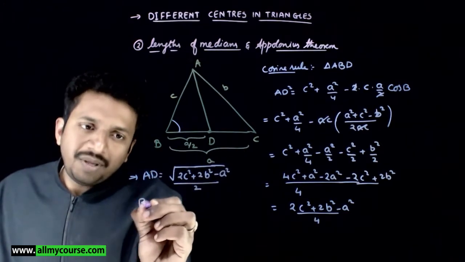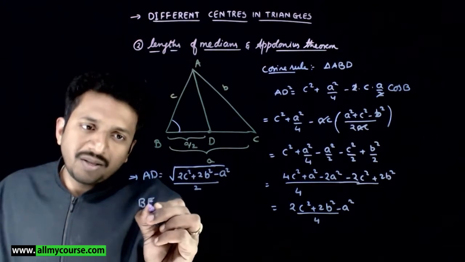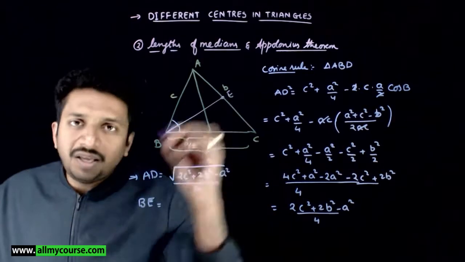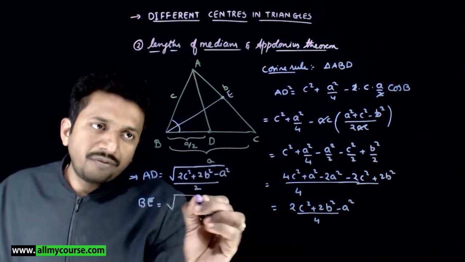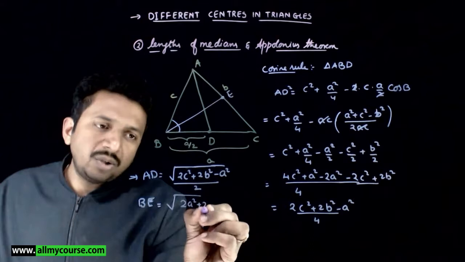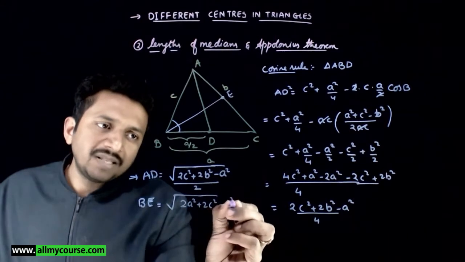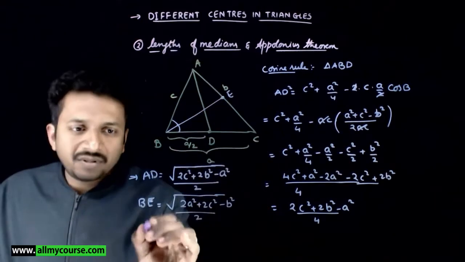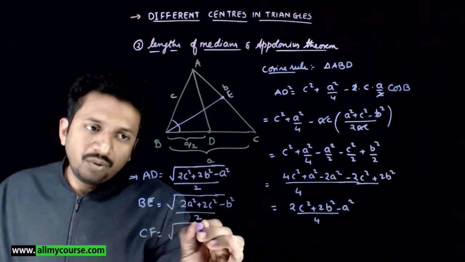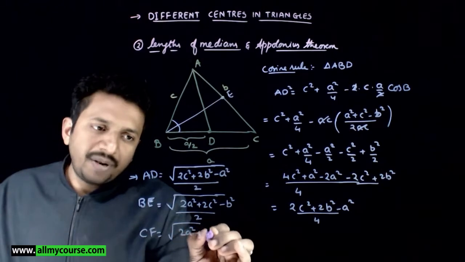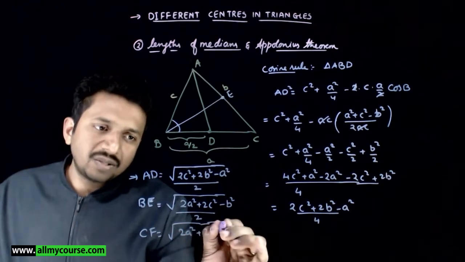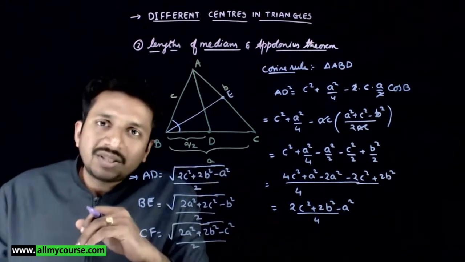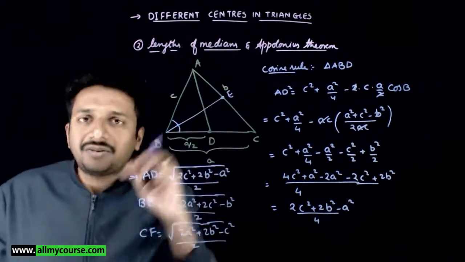Similarly, the median through B, BE, will be root of 2a square plus 2c square minus b square by 2. Similarly, CF will be equal to root of 2a square plus 2b square minus c square by 2. So this will give you the lengths of the medians of the triangle.